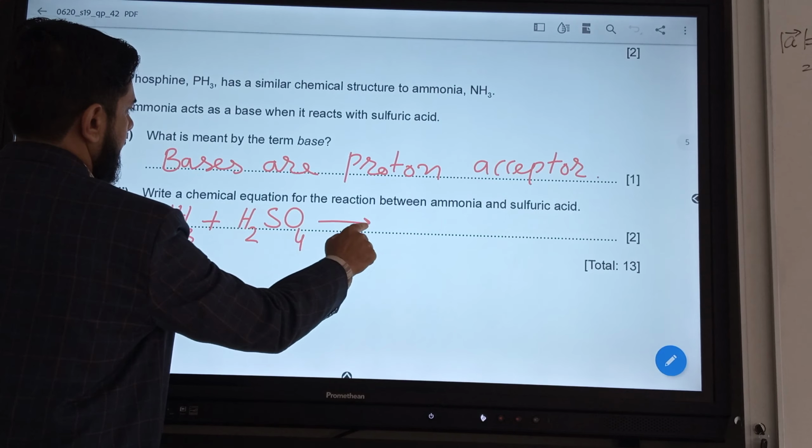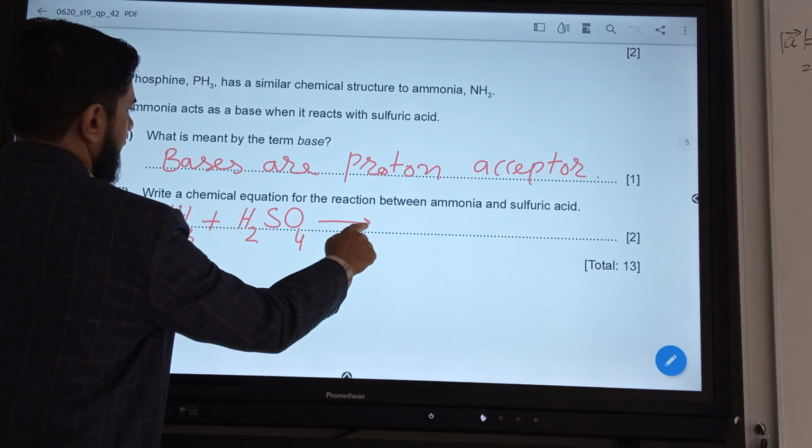The next part says, complete the table using only the words increase, decrease, or no change. Before completing this table, keep that in mind. The reaction in the forward direction is exothermic, so it will be endothermic in the backward reaction. Plus, we have more moles on the left side and fewer moles on the right side. I'm copying the equation over here so that we can easily compare.